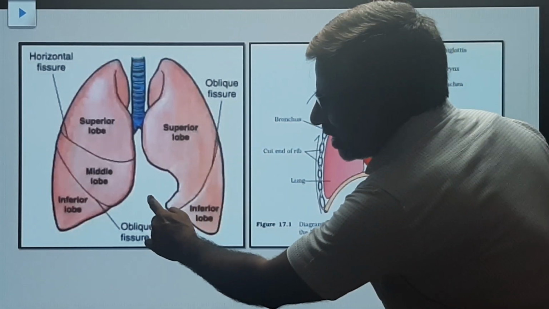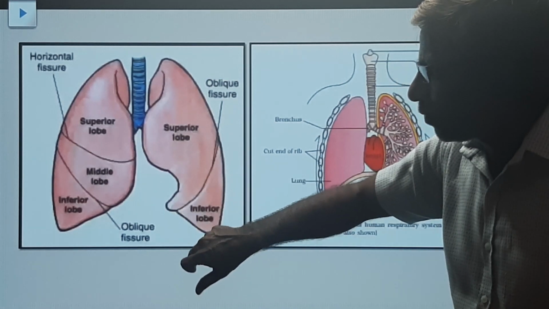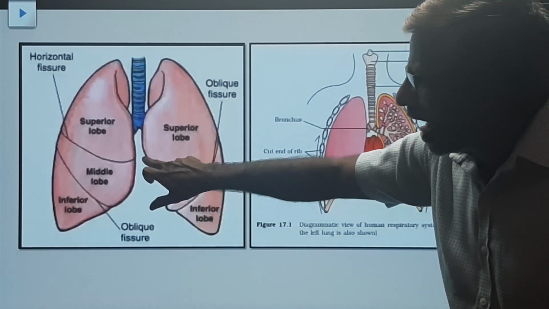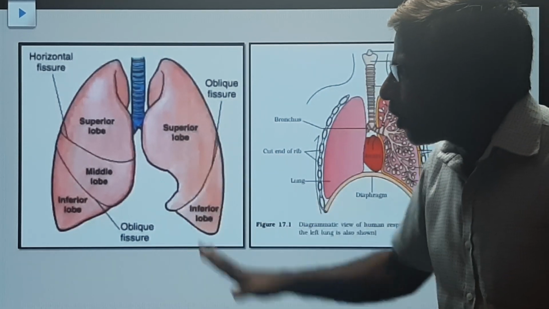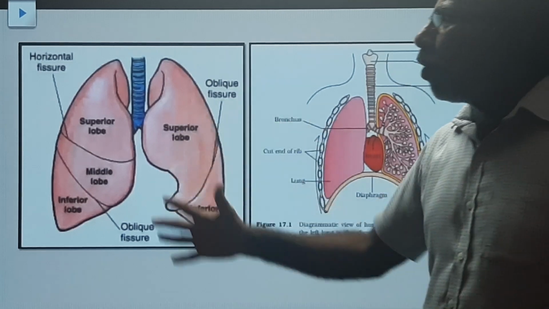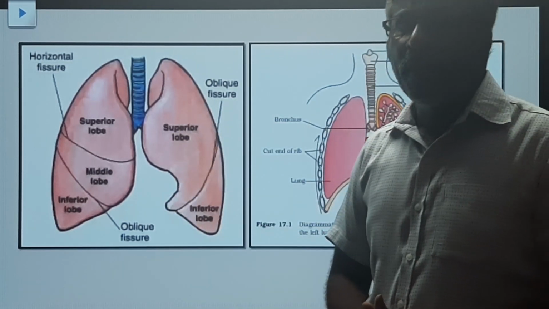In this region you can see the heart. That's why it is called a cardiac notch. Here the heart is present, so this curve is called the cardiac notch. In total, 5 lobes are present in the lungs of a human being.